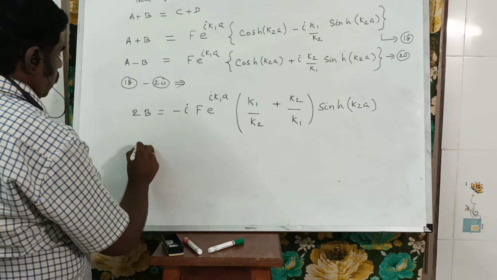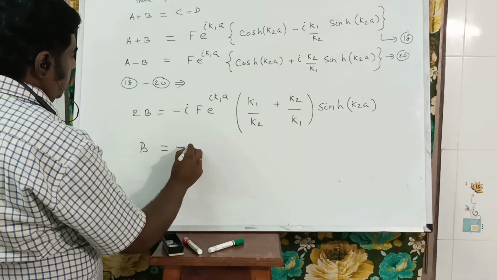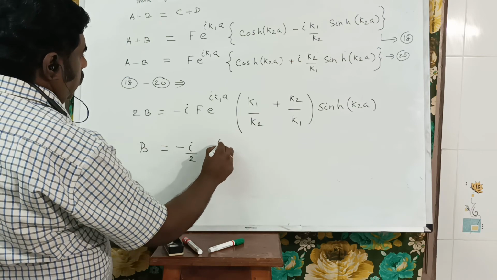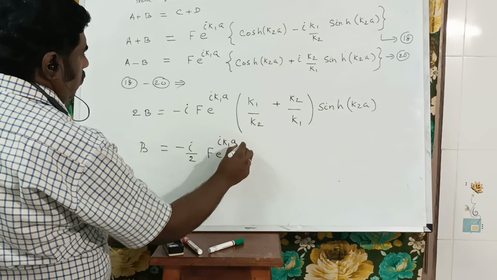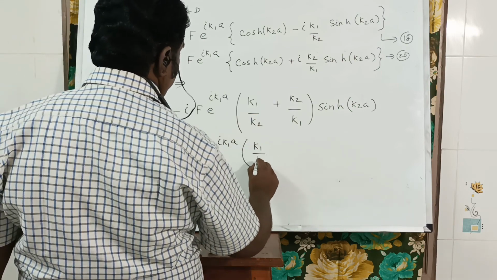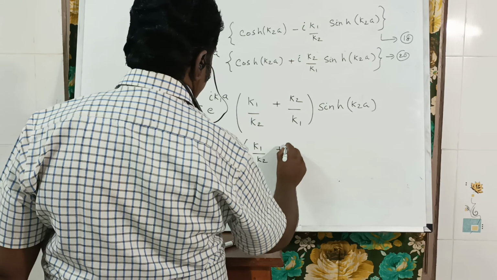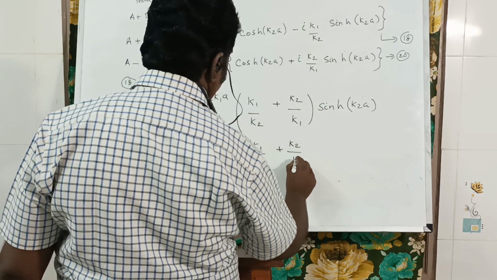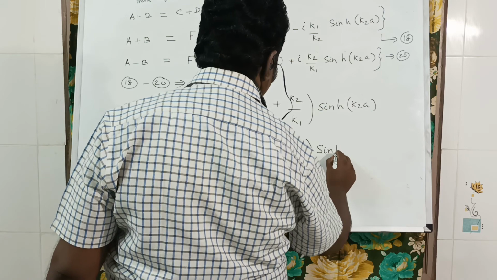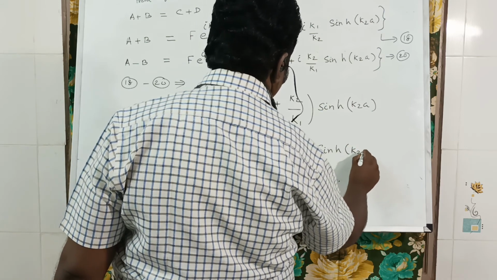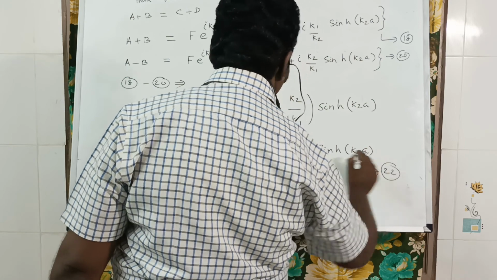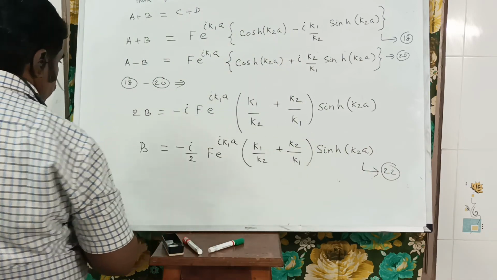From this, the value of B equals minus i by 2 F into e power i K1 a, K1 by K2 plus K2 by K1 sinh of K2 a. This is equation number 22, which is the value of B.